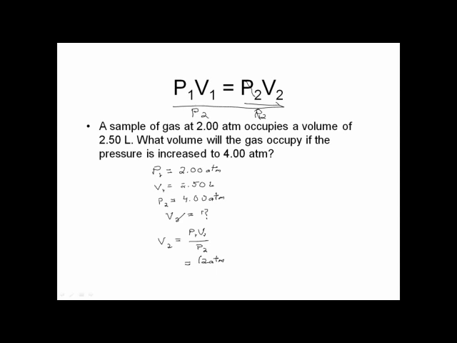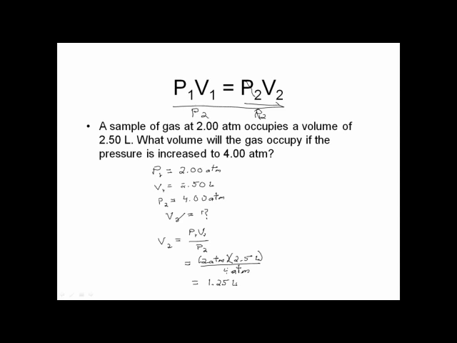I'm going to drop the zeros because I'm having problems writing here, but we'll remember those when we're writing our answer for significant figures. So our P1 was 2 atmospheres, our V1 was 2.5 liters. Our final pressure, or P2, was 4 atm, and when we solve this, we get an answer of 1.25 liters.